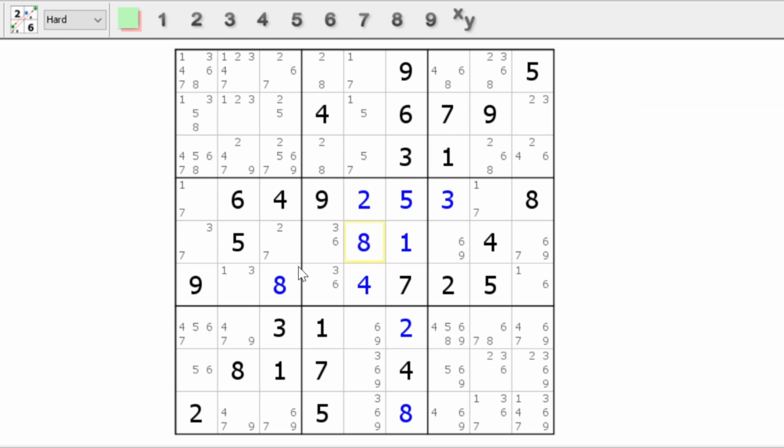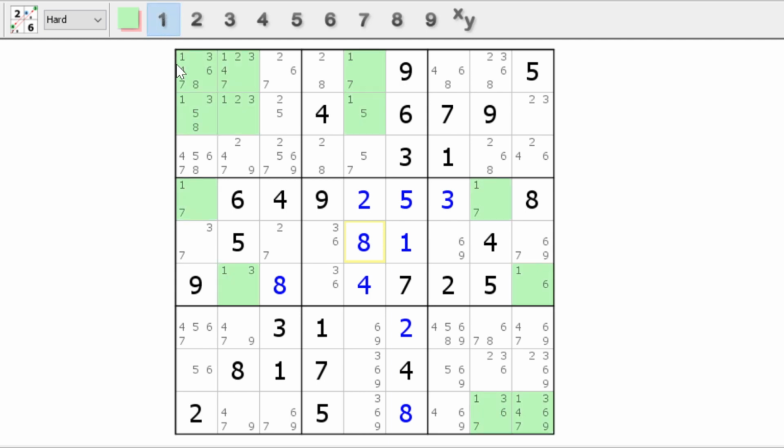You see, I'm just calling it trimming. You could be looking for hidden singles, but just the basic techniques here of looking for triples and pairs. We'll trim this down to where we get to a harder point in the puzzle that will require some more advanced techniques to solve.